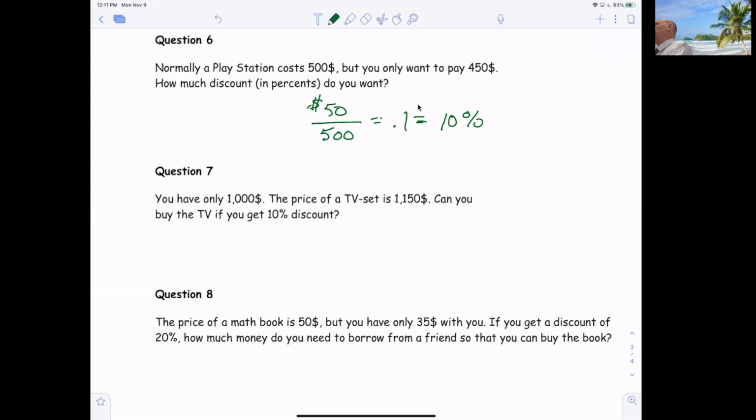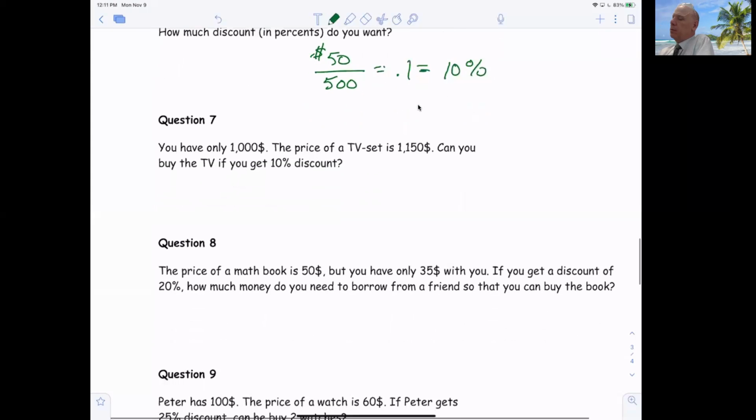So let's say you got a coupon for 10% off. The question is, can you buy the TV today? And how do I figure this out? So if you get a 10% discount, what do you have to pay? What percentage?